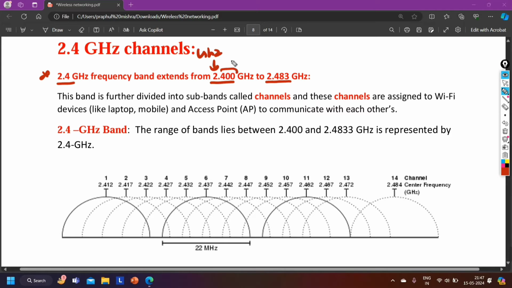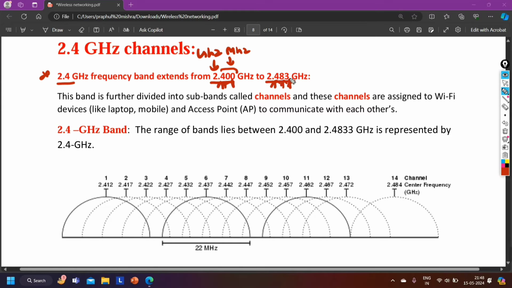And 400 is in megahertz, right? So how many frequencies are there in megahertz? Can you calculate it? Yes, this 2 is the same, this 2 is the same over here, right? In megahertz, the first number is the same, 4, here the number is 0, and here the number is 83, that means 84, right?